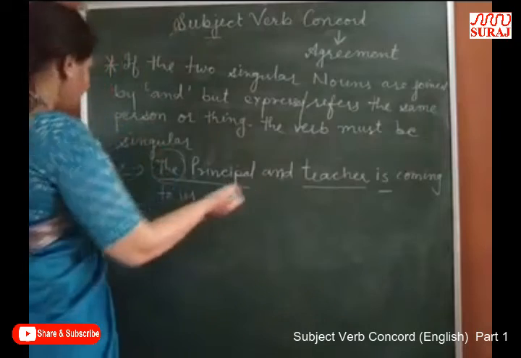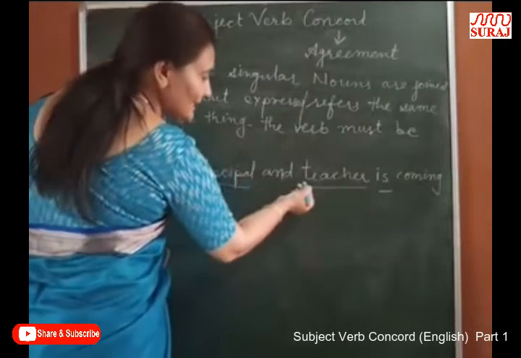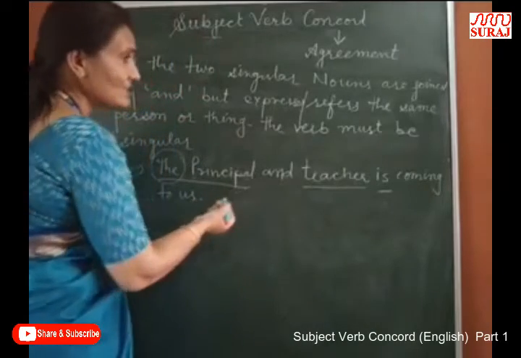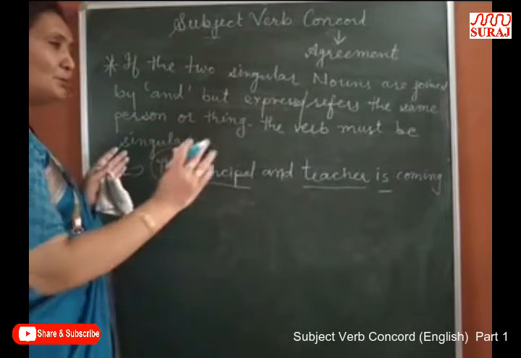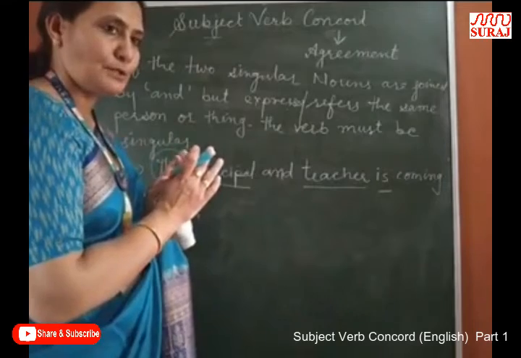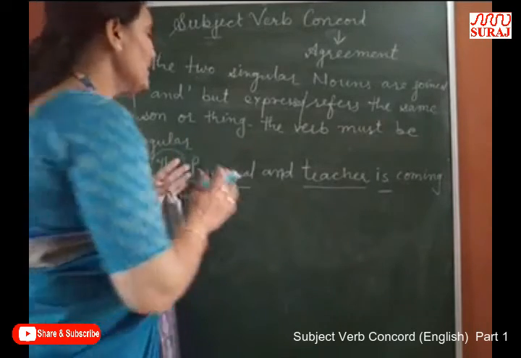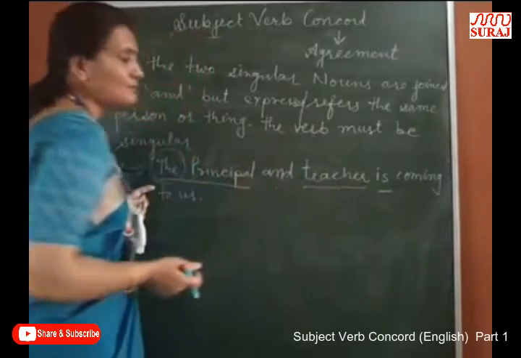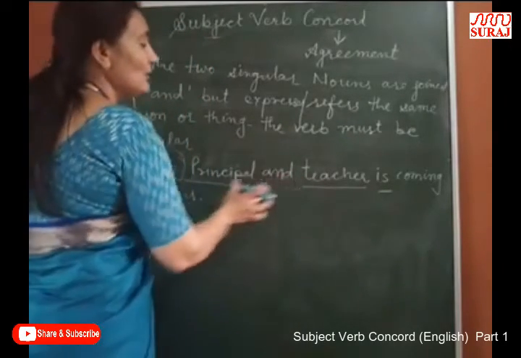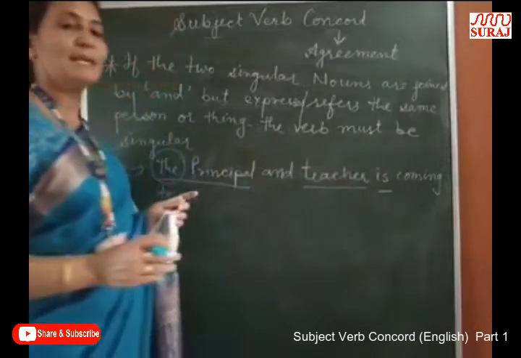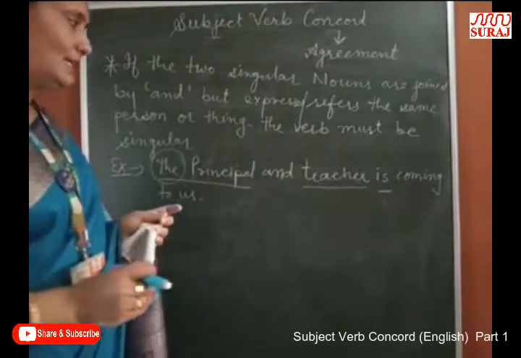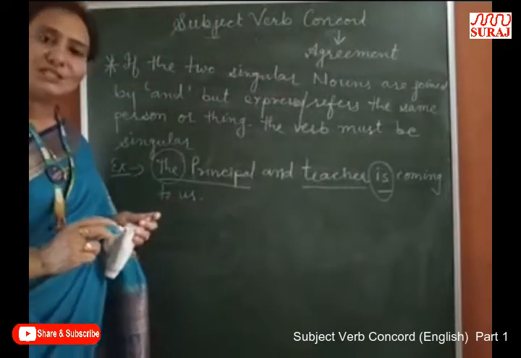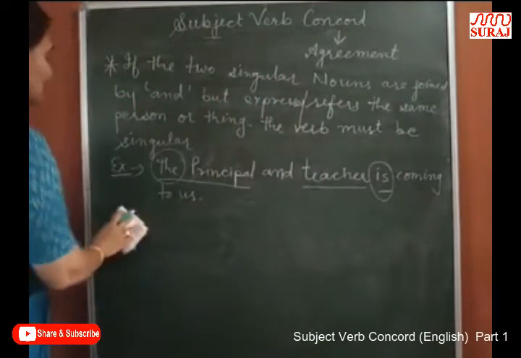If there is a determiner before the second subject, it means both are different persons, different nouns. But if the determiner is not repeated before the second subject, it means both nouns refer to the same person or thing. That's why I have used a singular verb. Is it clear to you? Next rule.